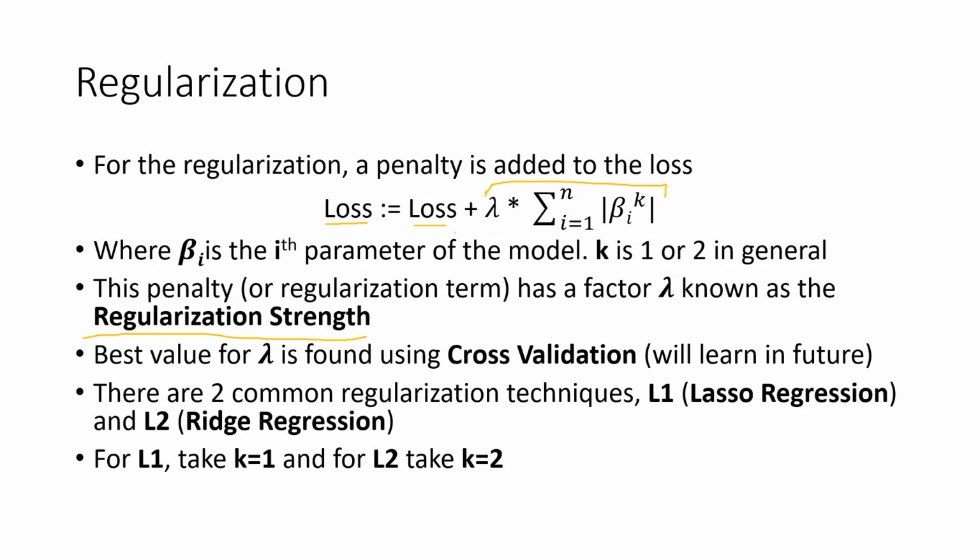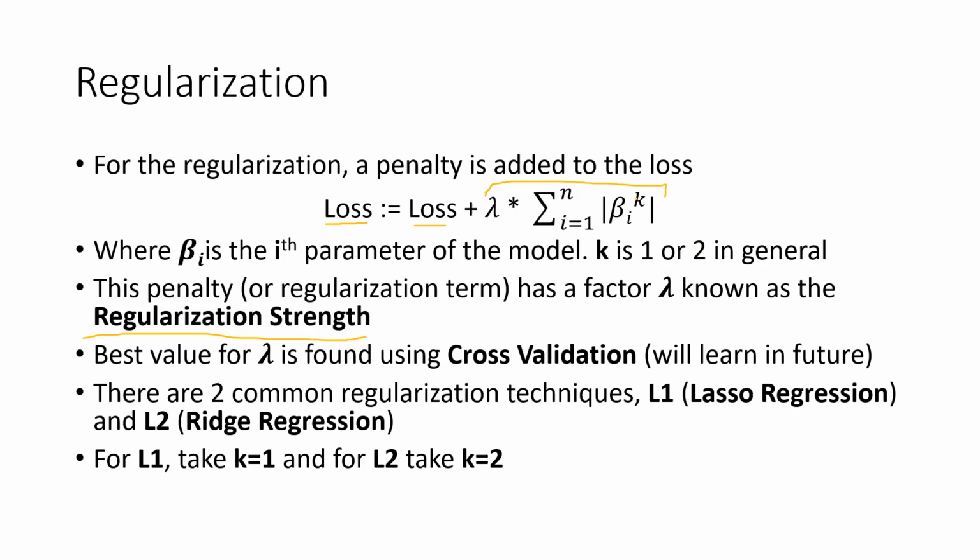Using this technique, you can add regularization into your model, where you would be able to reduce the amount of overfitting to the data, right? This k value can generally have two values: either 1 or 2.